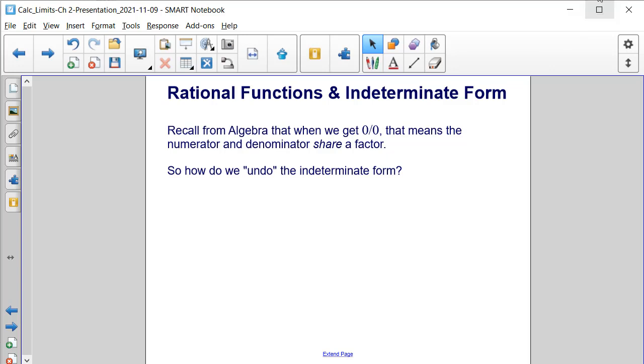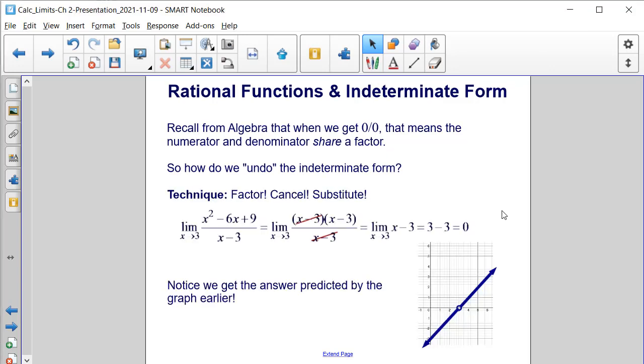Take a moment to pause this video and think about it, and when you're done, unpause it. The technique that we're going to use can be referred to as factor, cancel, and then substitute. So first we have our two polynomial expressions in our rational function, and we can factor the numerator to be x minus 3 times x minus 3, and then the denominator is still x minus 3.